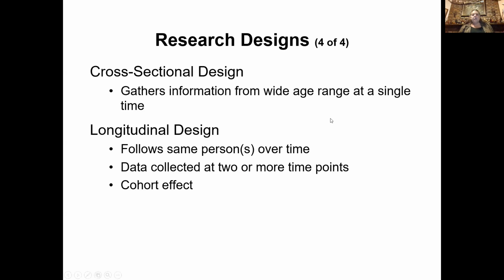So cross-sectional would be like, okay, this week I'm going to look at people who are 15 and 20 and 25 and 30 and 45, and I'm going to look at all these different age ranges at one point in time. So on this date, for these age groups, these are their scores on whatever I'm measuring. That would be cross-sectional. Many ages at a single point in time.